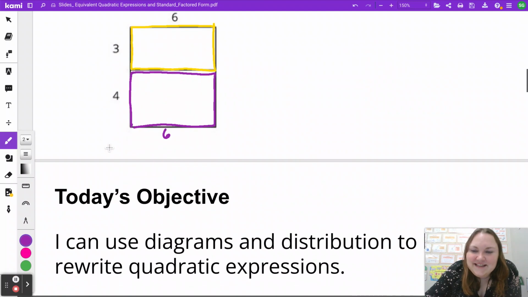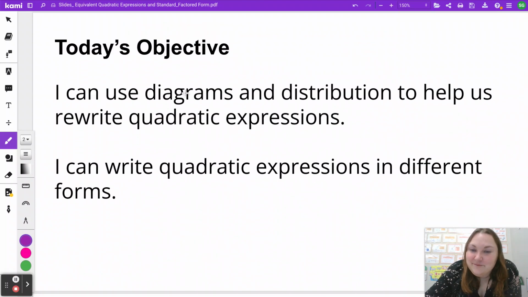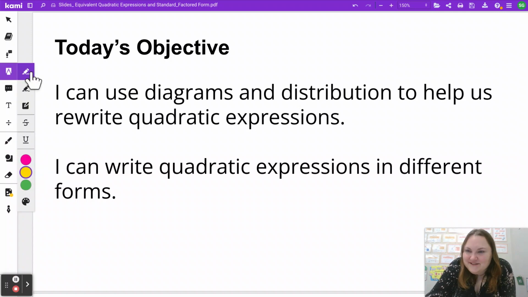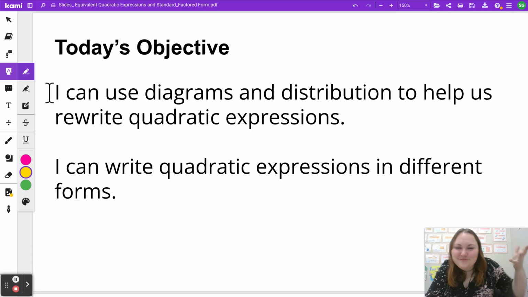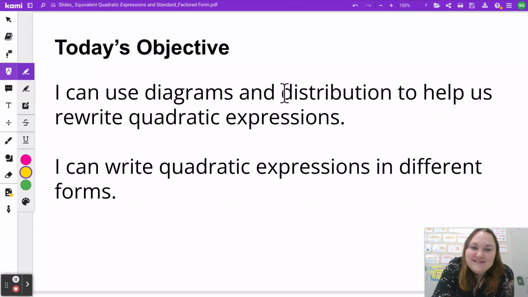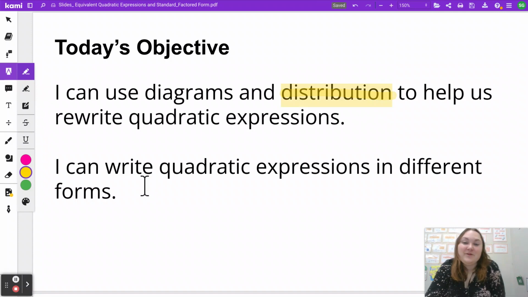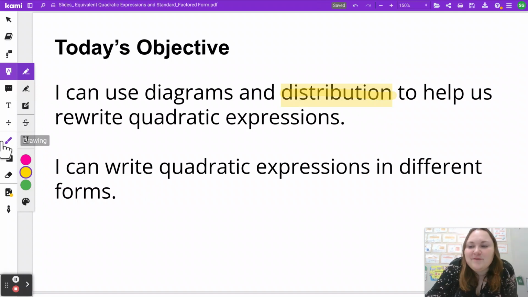Our plan in this lesson is, like we just mentioned, to use diagrams, but also distribution to help us rewrite quadratic expressions. There's a couple words I want to highlight here just to make sure our brains are refreshed on what we are learning before we jump into the lesson. The first one is distribution or distributing. You've heard that before. What does distribute mean?